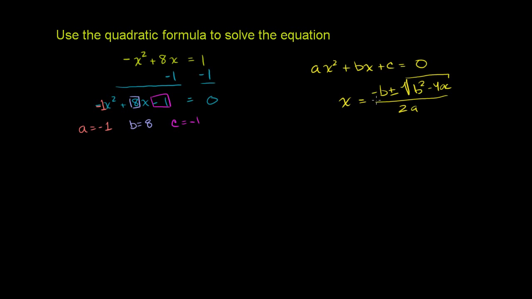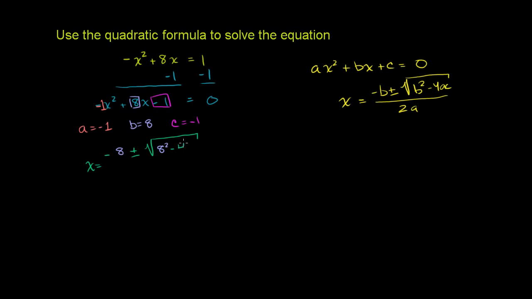So now we can just apply the quadratic formula. The solutions to this equation are x is equal to negative b, plus or minus the square root of b squared, of 8 squared, minus 4ac, minus 4.